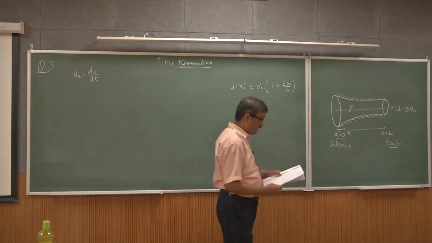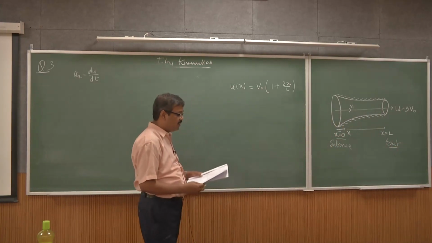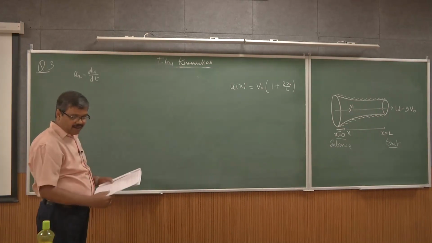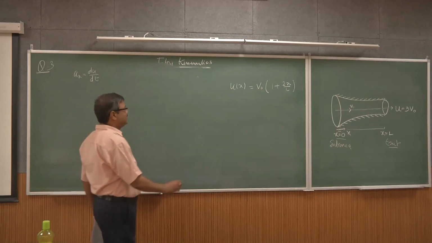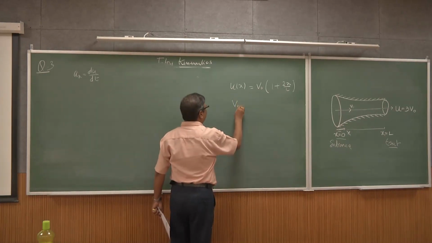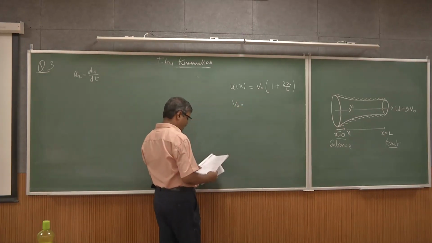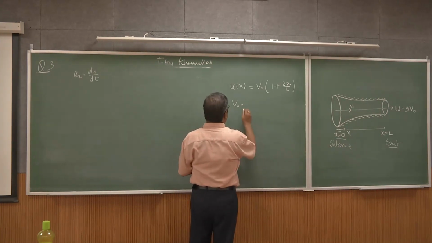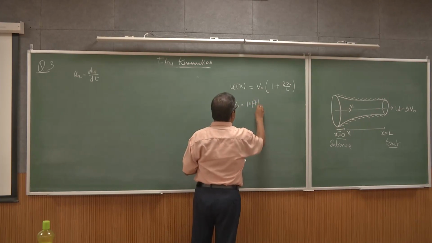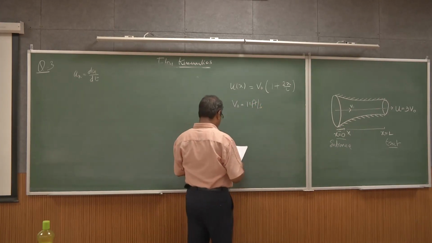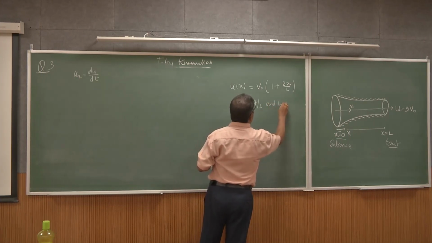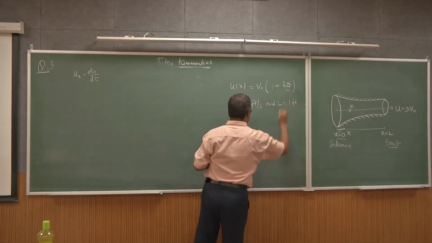With these conditions, we need to compute the acceleration a x, if the numerical value of v naught is given as 10 feet per second, and the length L is 1 foot.